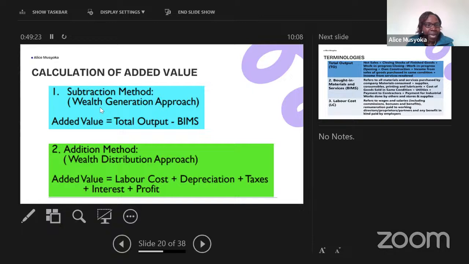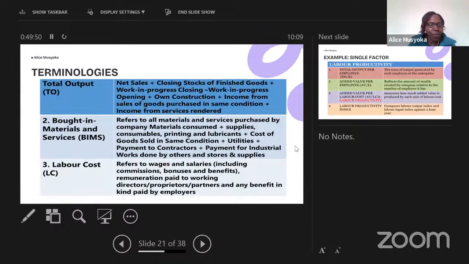The first one is the wealth generation approach. The second one is the wealth distribution approach. We can look at added value being equal to labor cost plus depreciation plus taxes plus interest plus profit. That is the wealth distribution method of calculation of added value. I don't want to lose most of you.